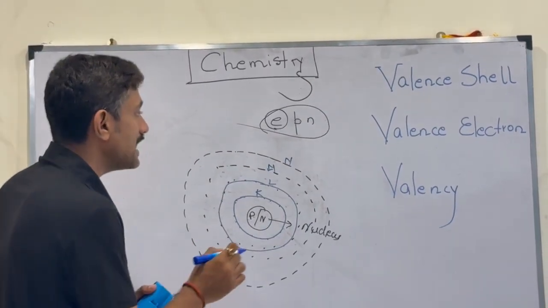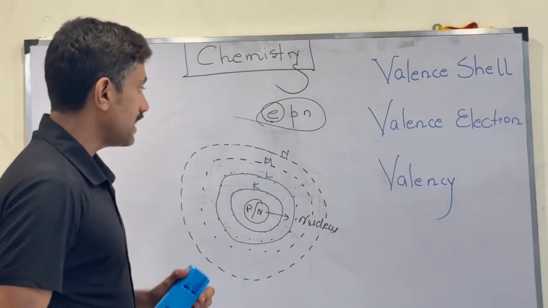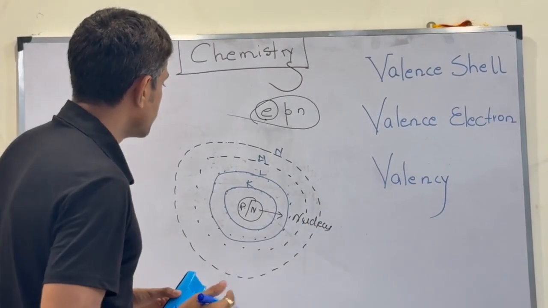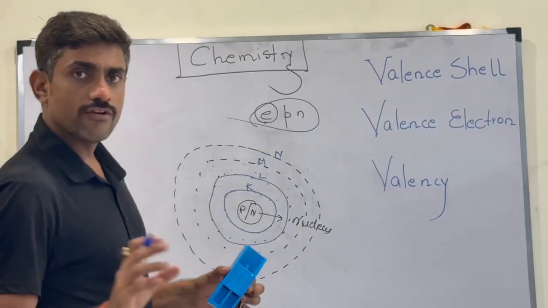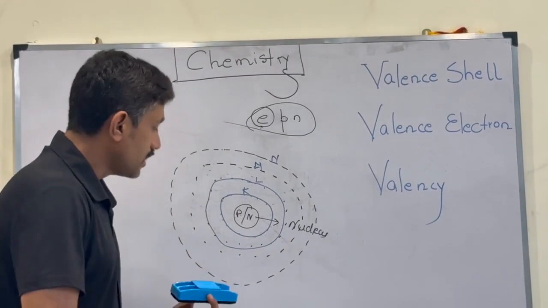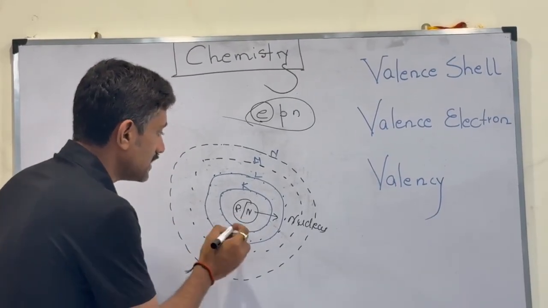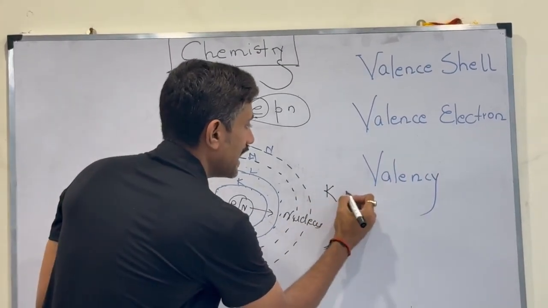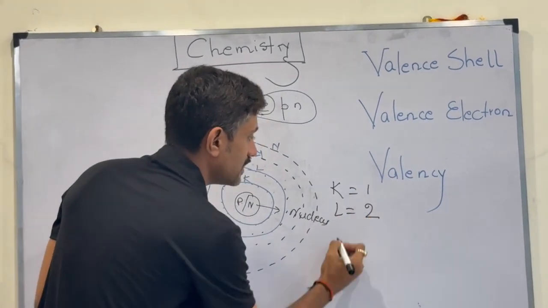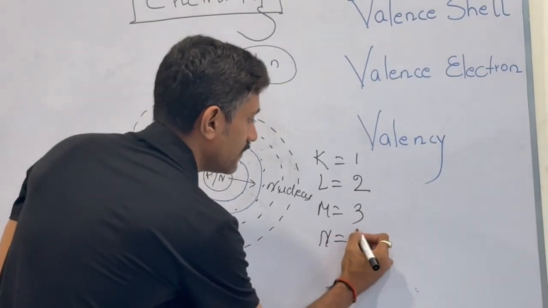Valence shell is nothing but the outermost shell of an atom. I'll tell you. See, when you go with the atomic configuration of any atom, then how will things be? Example, what Niels Bohr says, that in each of the shells, let's say K is the first shell, L is the second shell, M is the third shell, and N is the fourth shell.